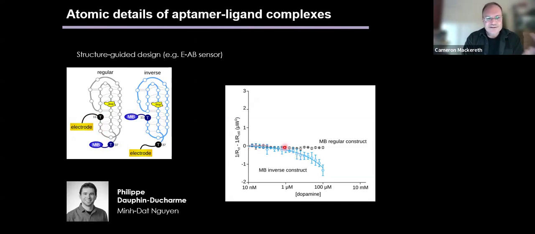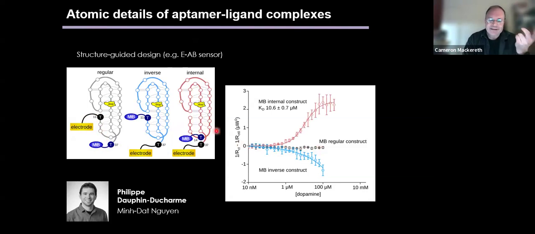And what we found is using this standard setup, there was really not much signal when you bound it to dopamine. Instead, if we looked at the structure that we had, we knew that this T, thymine 14, is really one of the few bases that's not involved in anything in the structure. And we knew that it would be the closest base also to the 3' end when you have the dopamine bound.